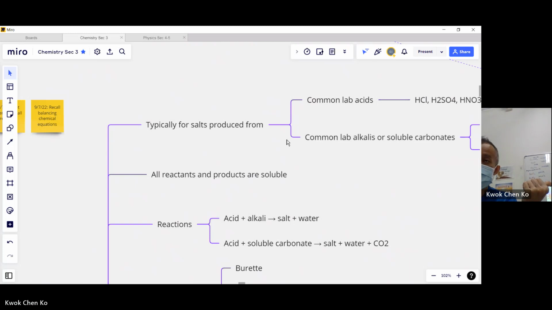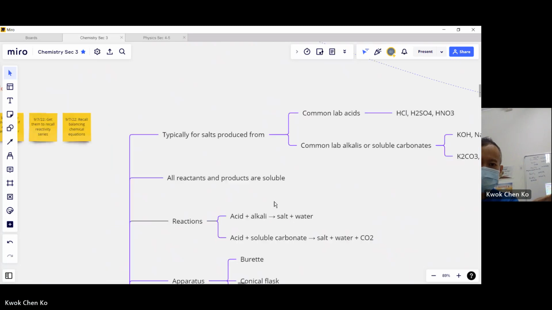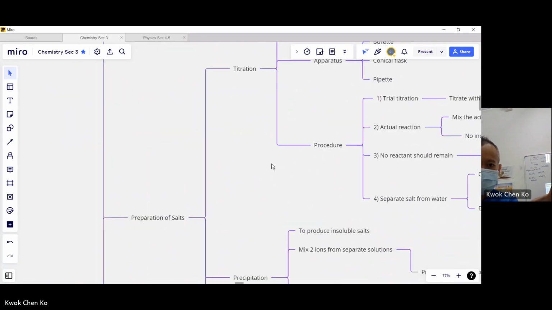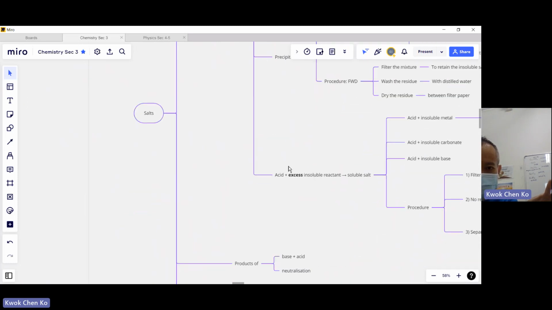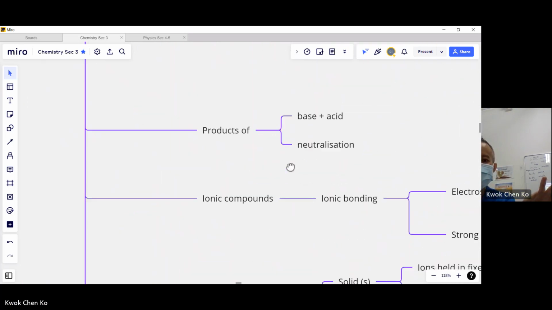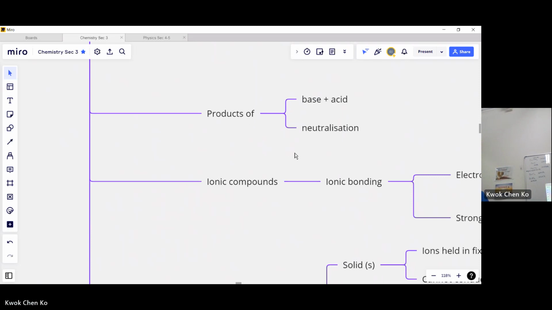Yes, good. By definition, salts are products of neutralization, meaning acid plus base. Yeah, acid plus base give you a salt. And of course, this reaction is called neutralization, which we have gone through many times.